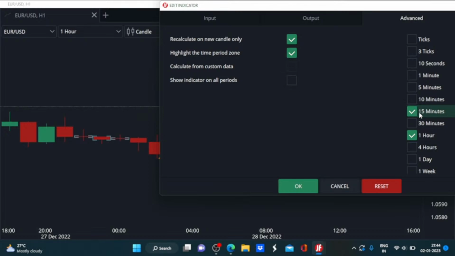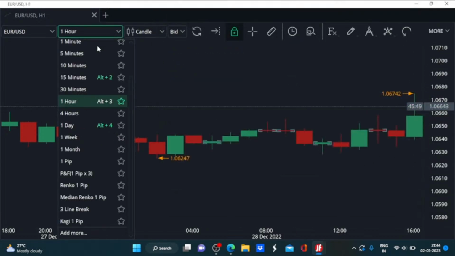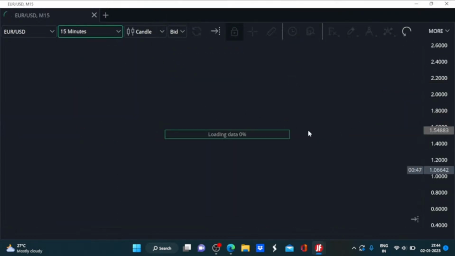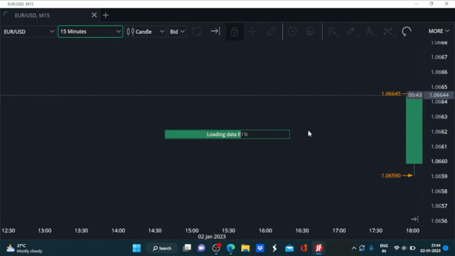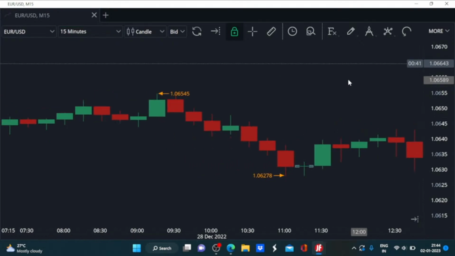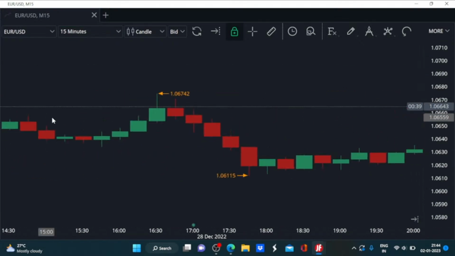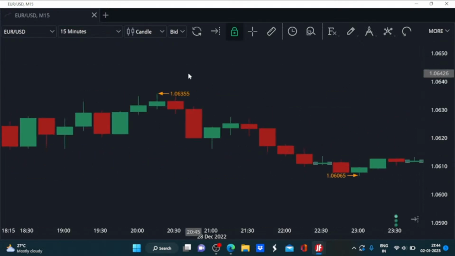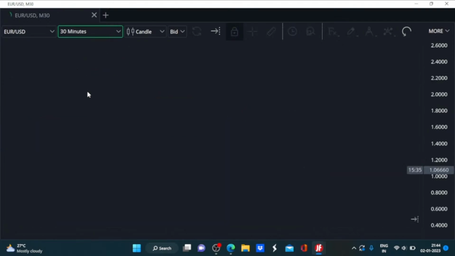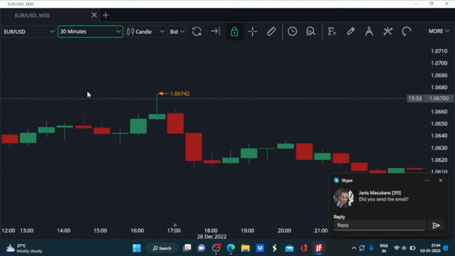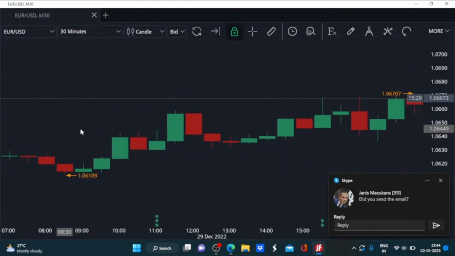Now here I have chosen 15 minutes and hourly, so only on 15 minutes and hourly will we have this formation identified. Now if I change to half hourly, you won't see any doji formation on the chart.